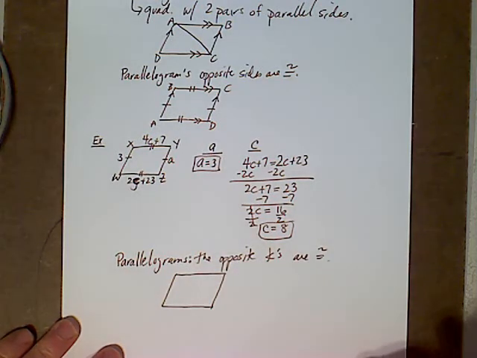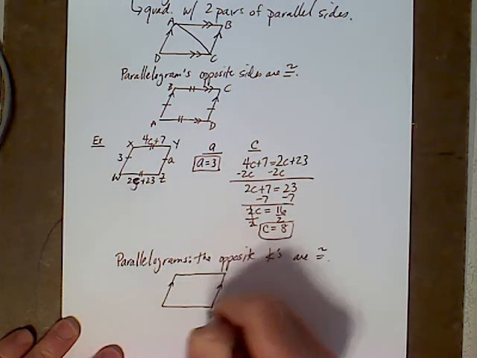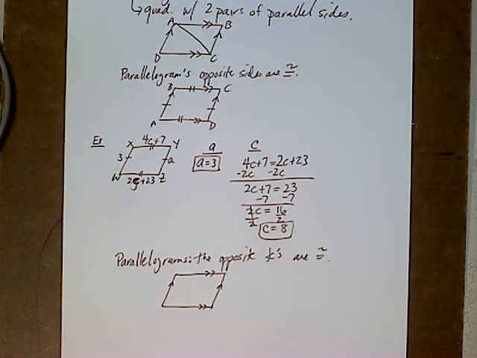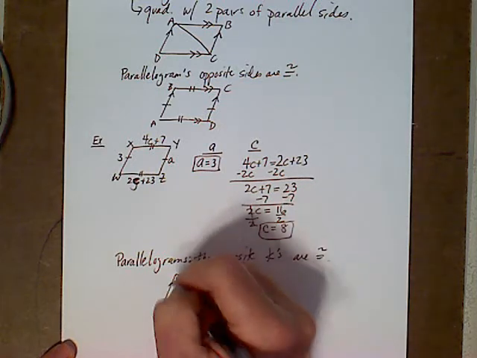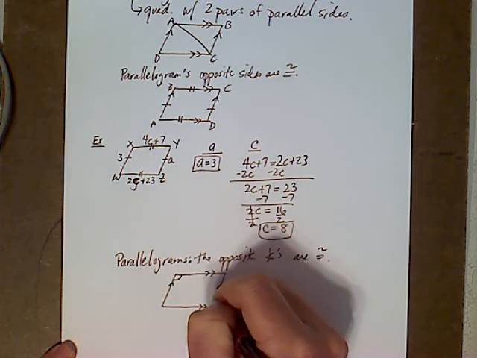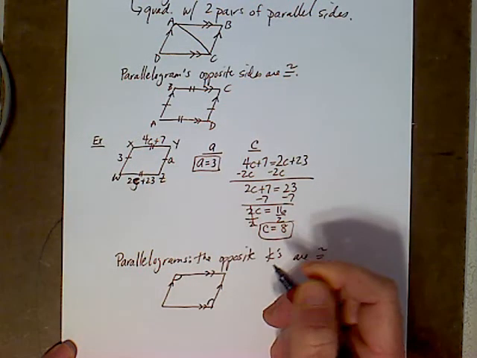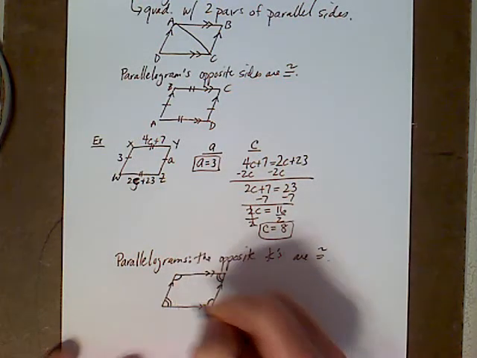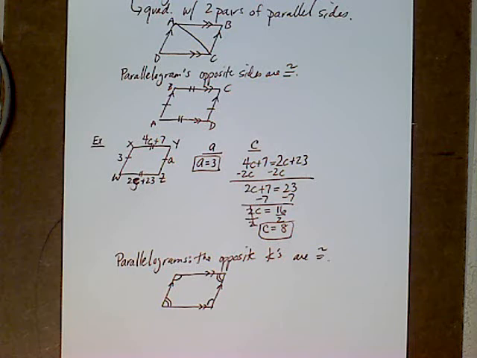We know it's a parallelogram because opposite sides are parallel. If you have that, the idea is that these opposite angles right here and here are congruent, and this angle up here is congruent to this angle down there. That is the key to parallelograms, that their opposite angles are congruent.